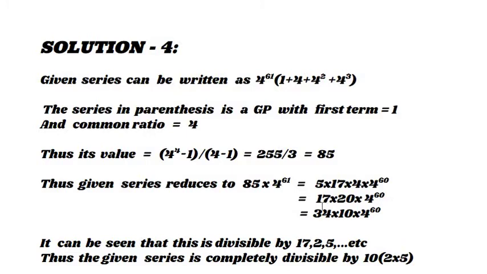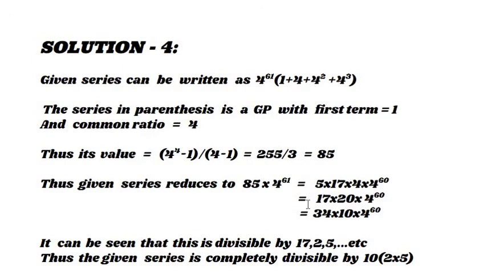Now 17 into 2 is 34 into 10, here it is 10, and 4 raised to the power 60 is copied as it is. Now you can see that in the reduced form of the given expression, we have 10 here, and 10 is also there in the options, so our answer is 10.